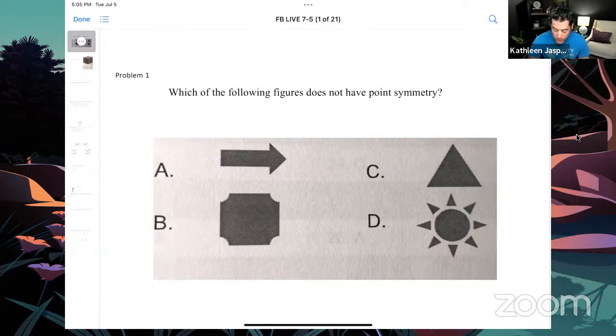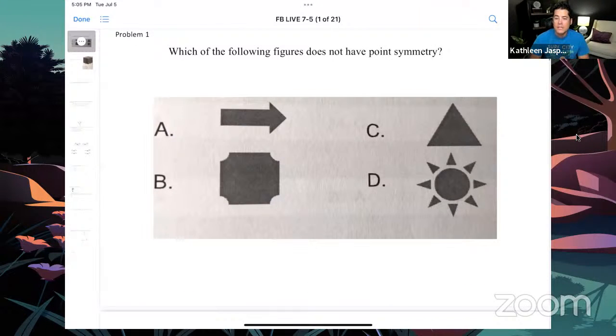Okay, the first one says, which of the following figures does not have point symmetry? Basically, here's what point symmetry is. If I take a point, and it's usually right in the middle, I'll use this one as an example.